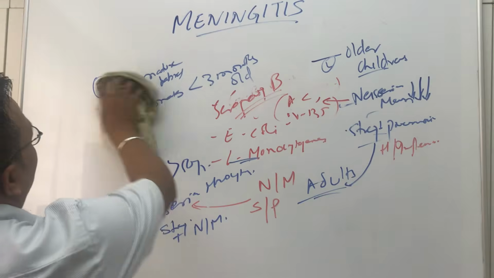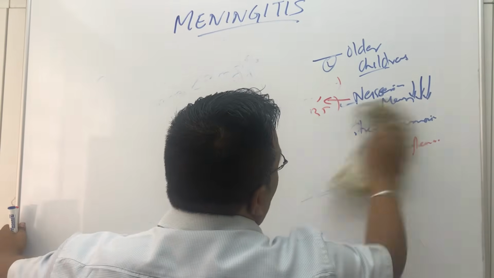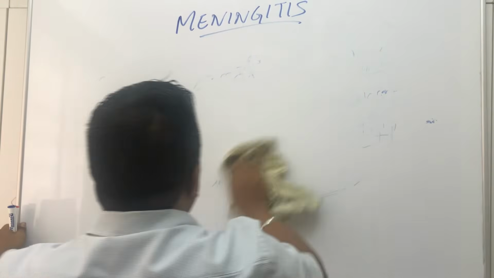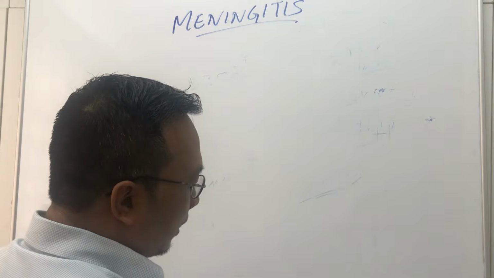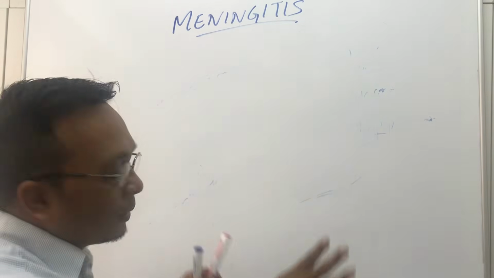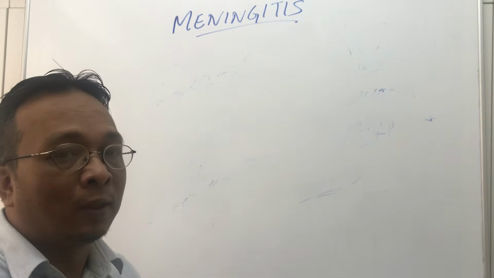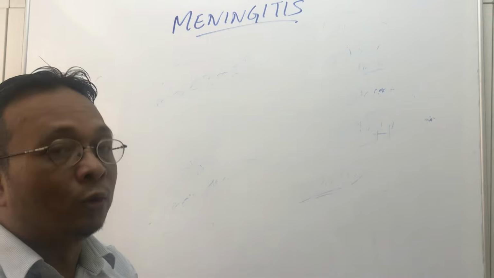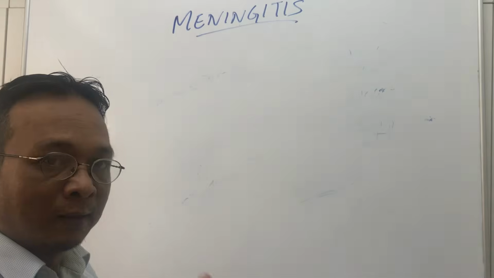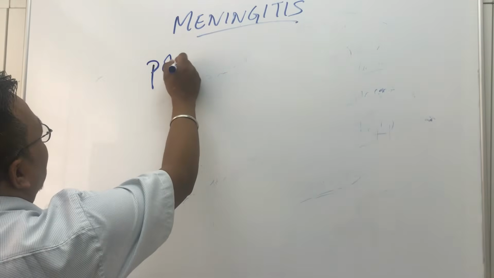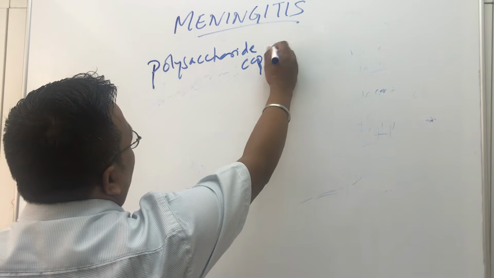Now we go to the pathophysiology. To understand the pathophysiology, there are a few things you must know. All these bacteria we have discussed, except Listeria monocytogenes, because it has not been researched and we don't know much about it, have one common thing: a polysaccharide capsule.